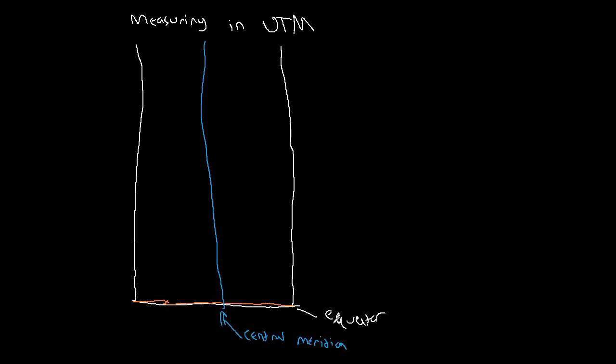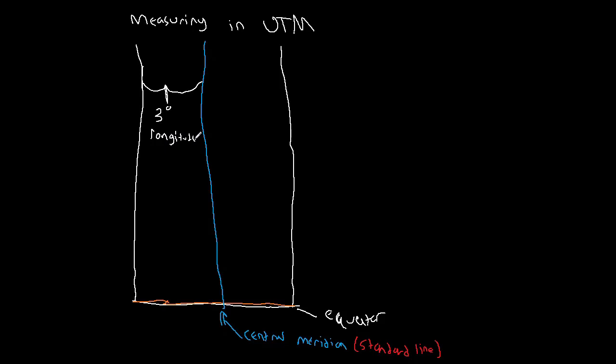Or to use the terminology of distortion, this is our standard line. Right, and so we know that from the zone boundary to the standard line is 3 degrees of longitude, right?